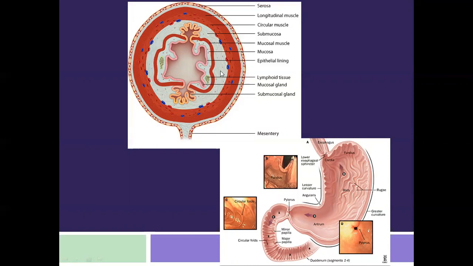Then the muscular layer, and the outermost layer is called serosa. The mucosal layer is the most important layer because the food substances continuously pass through this layer. Therefore, there is a direct connection between food particles and the mucus layer.